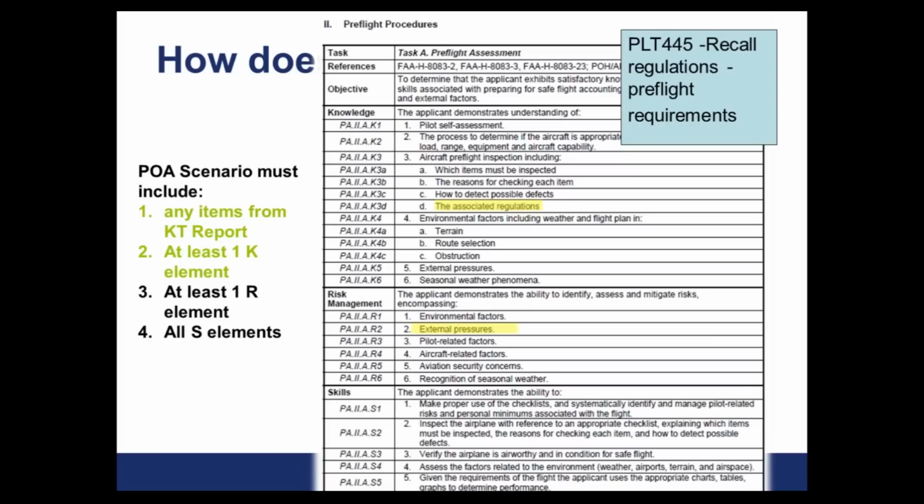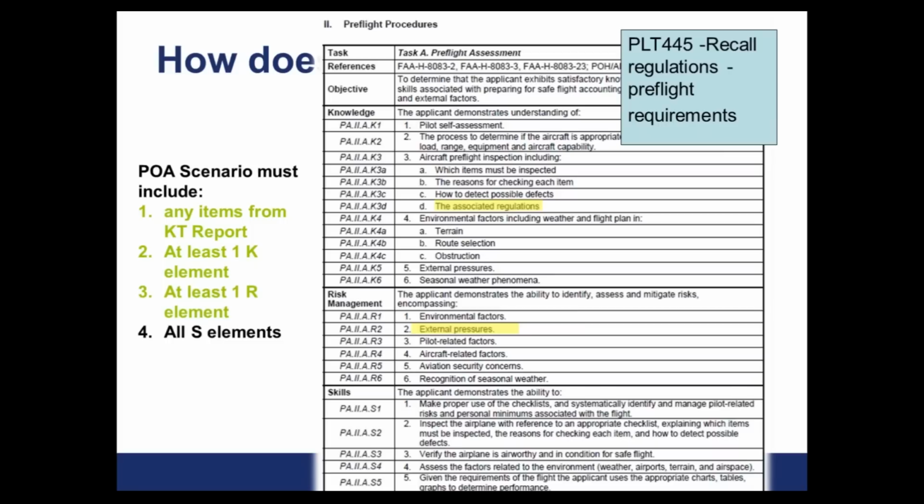I'm going to choose external pressures for my plan of action. That's Romeo 2, risk 2. I could pick more of them if I wanted to. And on the next Checkride I perform, I'm going to pick a different one so that folks don't get too used to me always picking Romeo 2. I don't want the Checkride to be too predictable. So that satisfies the rule of at least one R element.